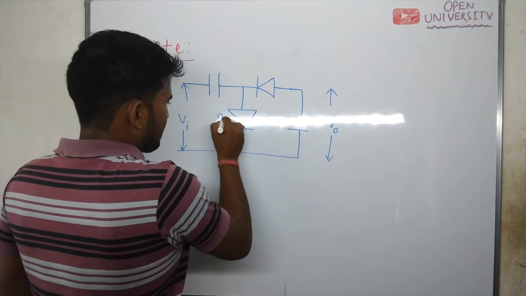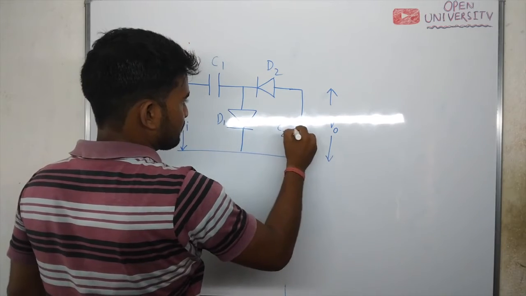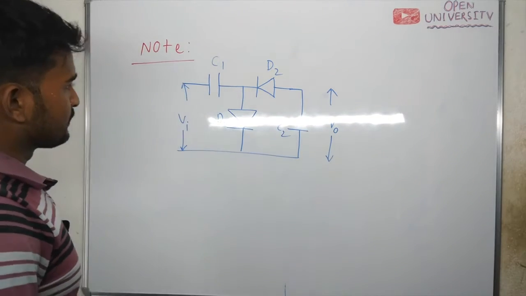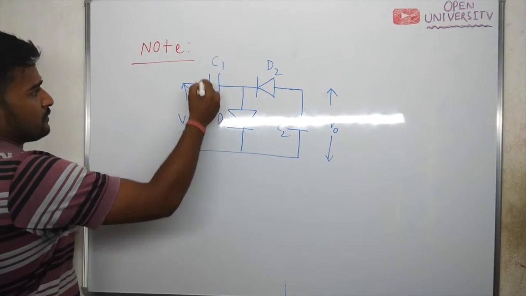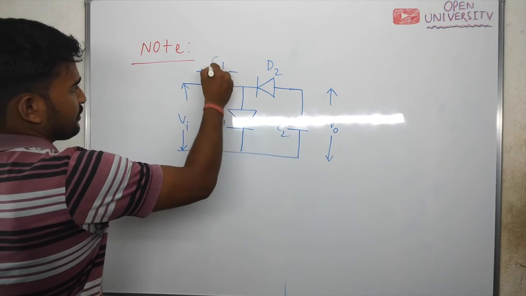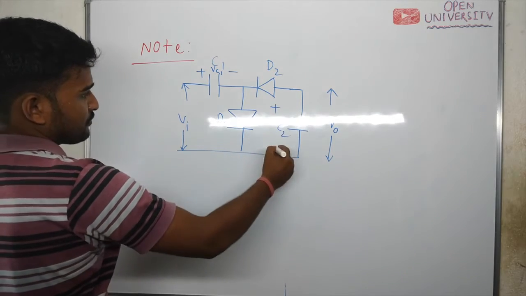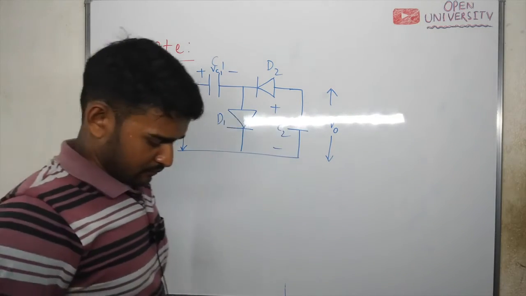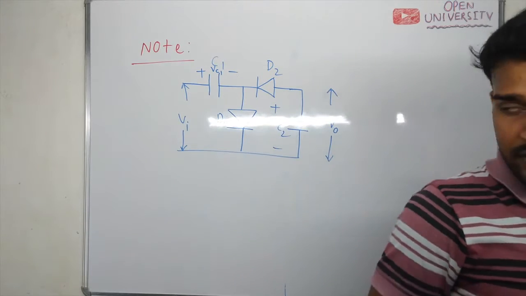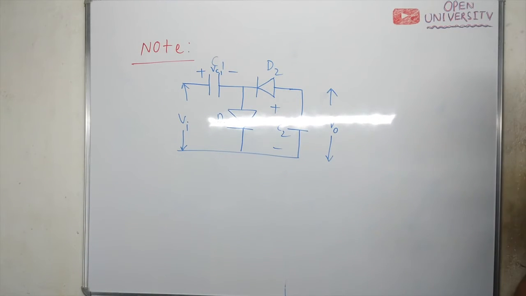This is D1, this is D2, this is C1, this is C2, and this is VC1, and this is VC2. I am just reversing the diode connection compared to the earlier one.